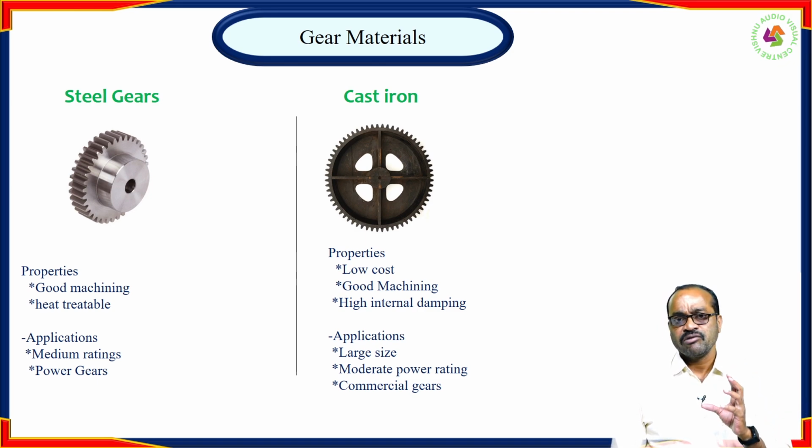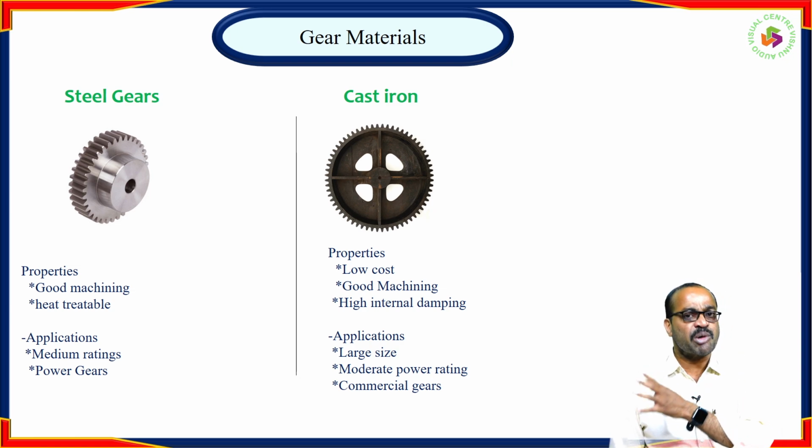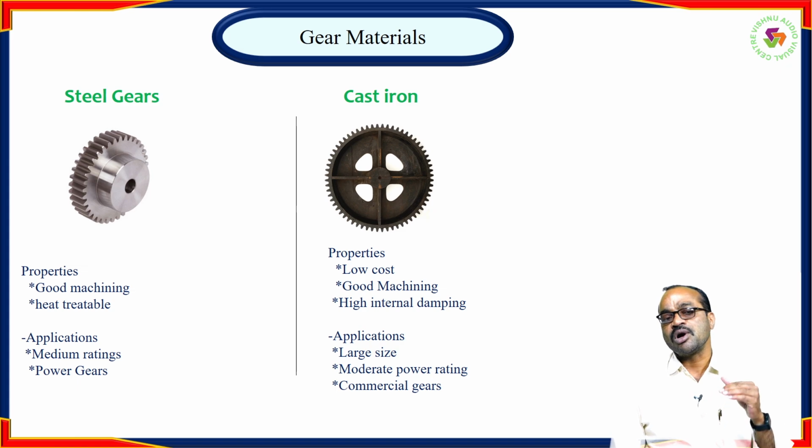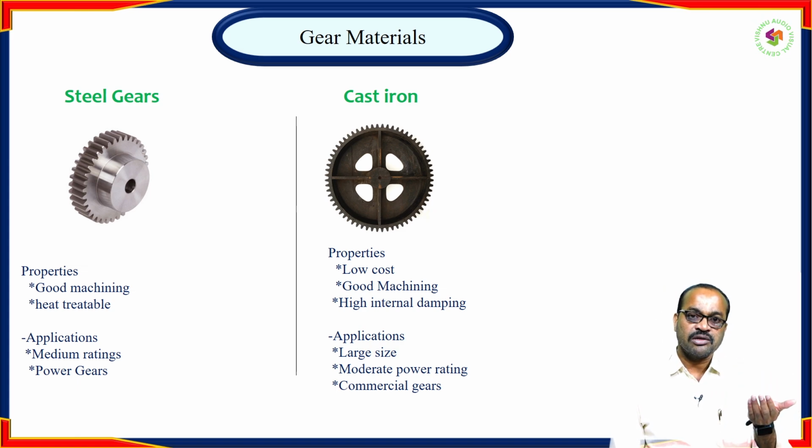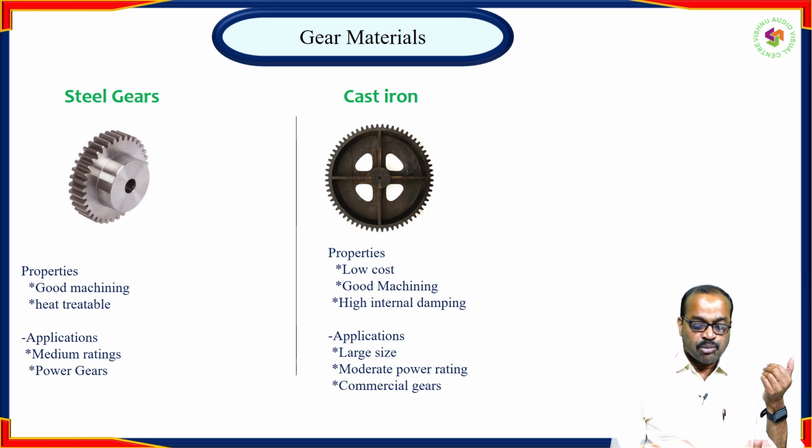When you try to use that particular part for some application, it may fail because of the blowholes. So to avoid that, we go for heat treatment of the material, like annealing, anodizing, all the types of heat treatment you might have studied. So for heat treatable characteristics, steel gears are good. Medium ratings and power gears are the applications of steel gears.